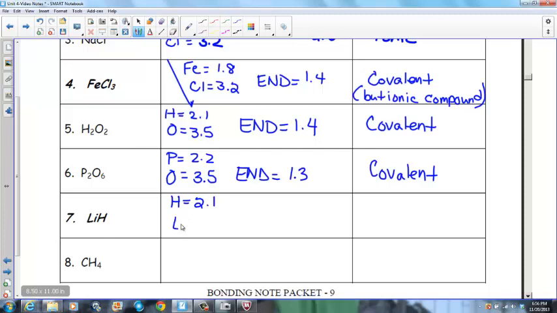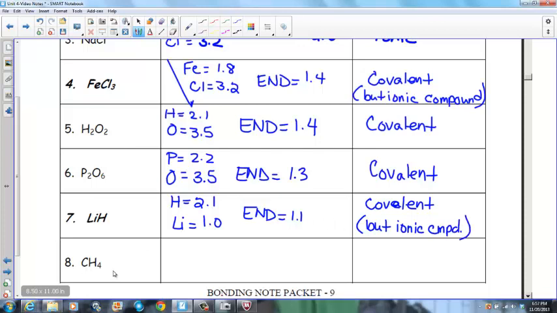Hydrogen is 2.1. Lithium has an electronegativity of 1.0. Our END is going to be 1.1, which makes it covalent, less than 1.4, but again, ionic compound.